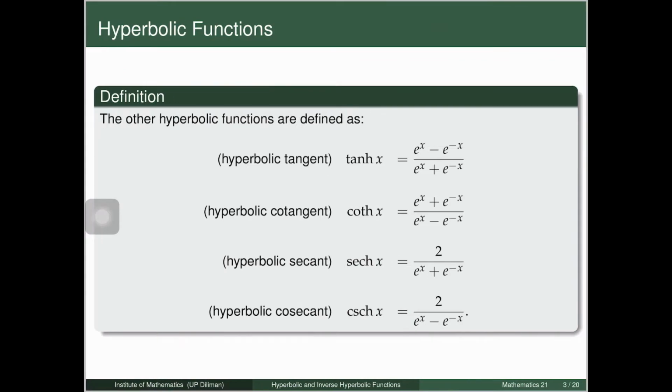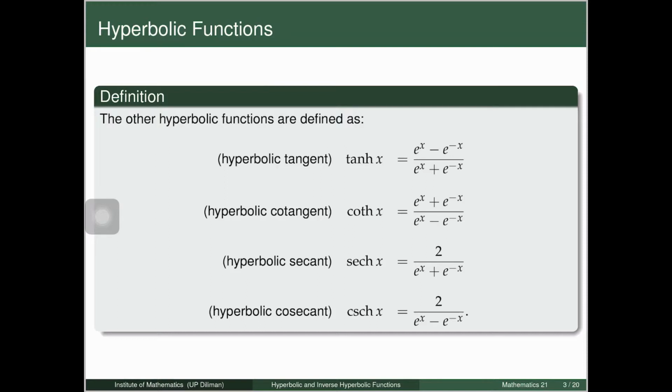And then these are the hyperbolic tangent, cotangent, secant, and cosecant functions. Ako mas madali ko maalala to kung naaalala ko yung trigonometric functions natin. No? May hint kung paano mo siya maaalala. Okay, so isa-isayin lang natin yung tanh x natin, e to the x minus e to the minus x over e to the x plus e to the minus x.